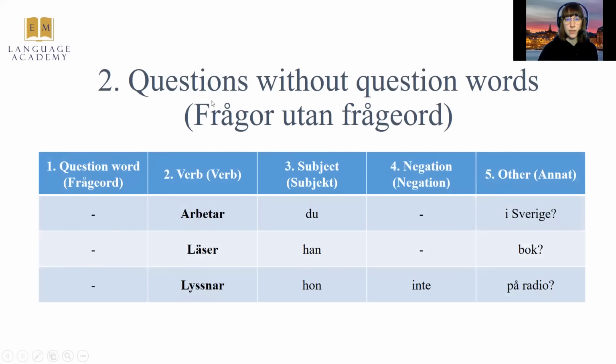Because obviously we are talking about questions that start with the verb itself, right? So theoretically, only theoretically, the verb takes the first position, but it's only because the first one is empty, right? Okay, so we have verb, subject, negation, if there is any, and something that is left.